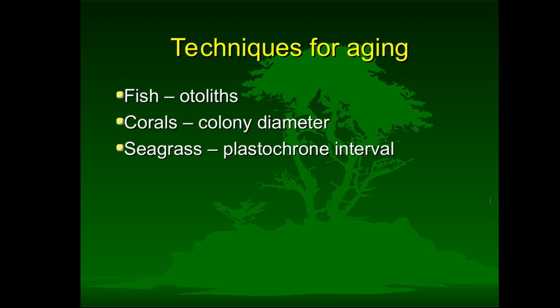In seagrasses, shoot morphology, for example the plastochrone intervals, can be used to measure age. The simplest method for many species is just to use size as a proxy for age. Like in corals, the colony diameter is a proxy for age.